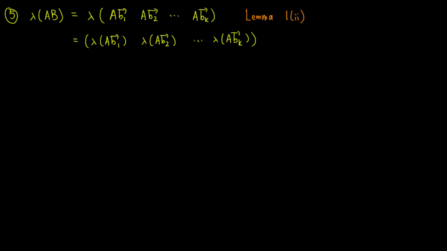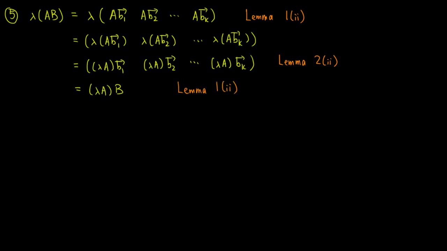Using the second point of the second lemma, this equals the matrix with columns (lambda times A) times B1, (lambda times A) times B2, up to (lambda times A) times BK. Using the second point of the first lemma, this equals (lambda times A) times B.